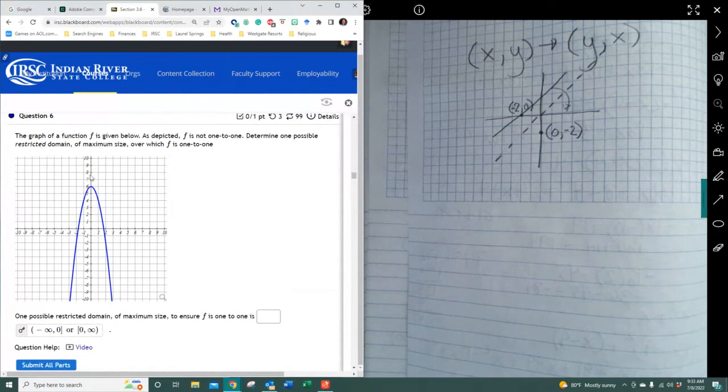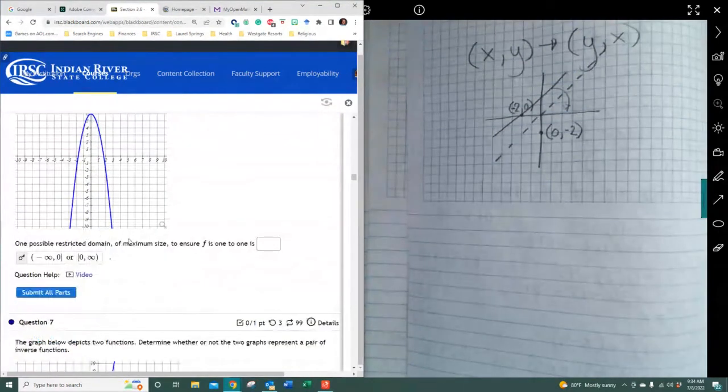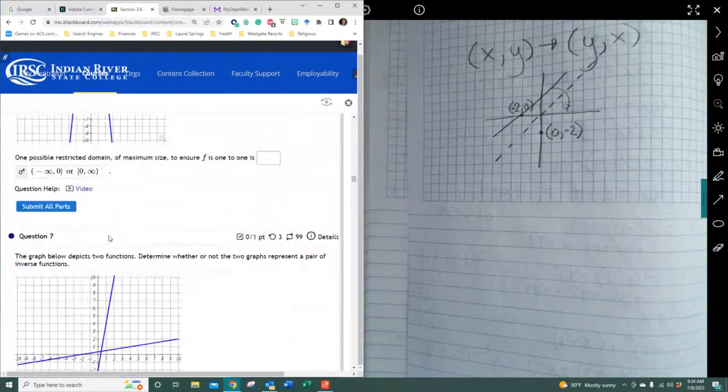That would pass the vertical line test and horizontal line test. And then 0 to infinity would also allow this to pass the vertical line test and horizontal line test. Mainly, preferably, the horizontal line test in this, okay, because it is a function. So that's the restriction we'd have to put on this in order for it to pass the inverse check.